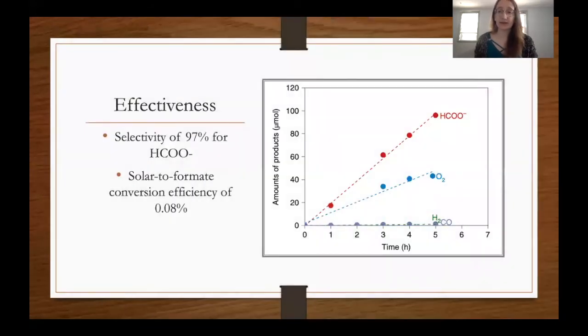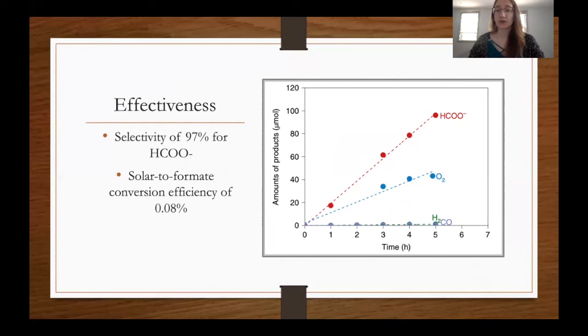So what is the effectiveness of this device? Cambridge found that the selectivity was 97% for formic acid. This is very good because if you look at some of these other things, it could create CO or H2, and basically we want to prevent any release of more greenhouse gases that would be counterproductive for our goal.